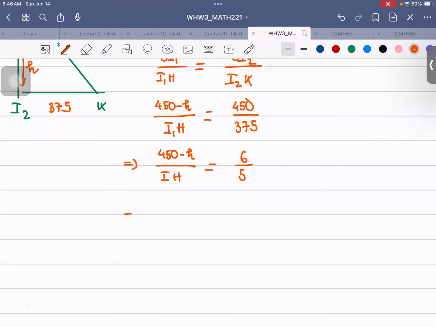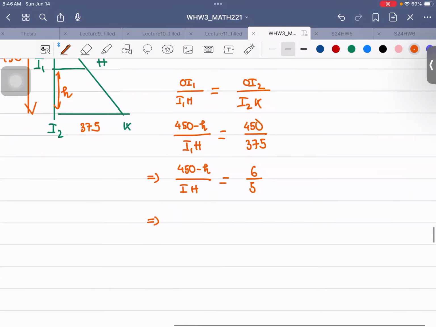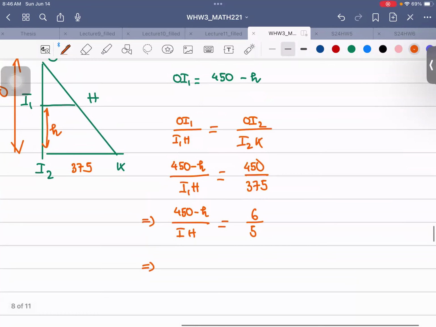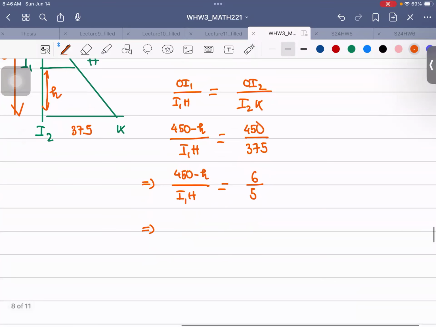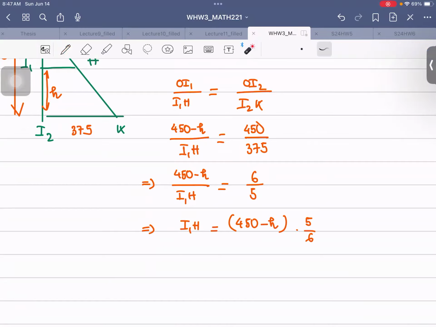And from here, you have that I1H is 450 minus H times 5 over 6. You cross multiply to the right hand side, you cross multiply 5 to the left hand side, and you divide by 6. Then I1H is 450 minus H times 5 over 6.